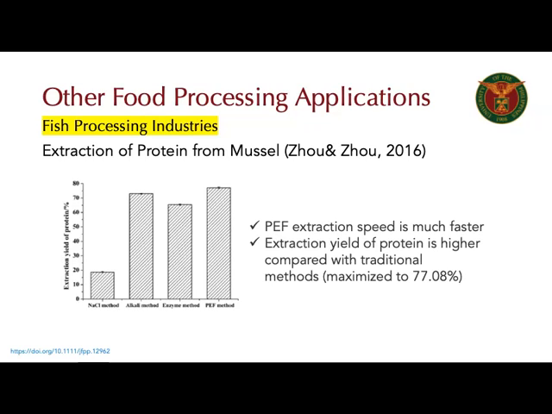Okay, so here in this research, they were able to extract yung protein from the mussel at a much faster speed. And according to the report, yung extraction yield din ng kanilang protein is higher compared with traditional methods. And they have maximized it to more than 70%.